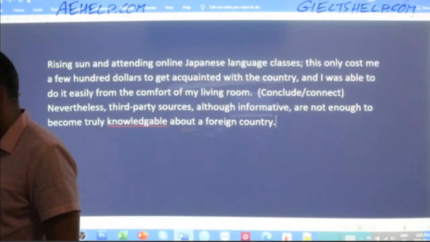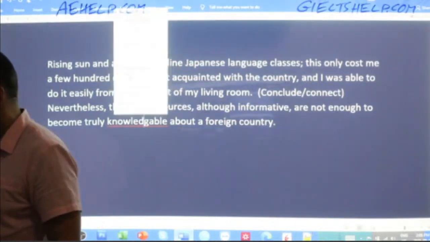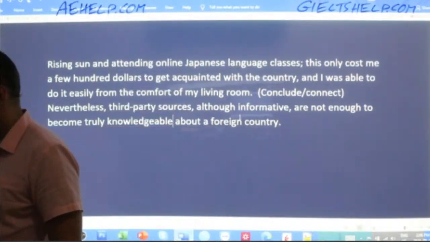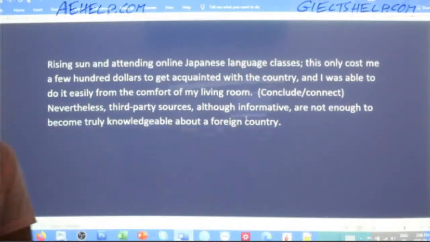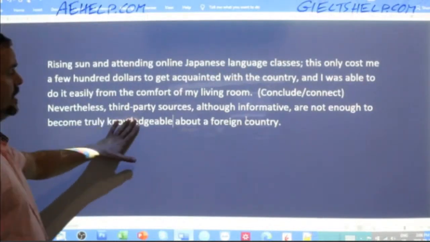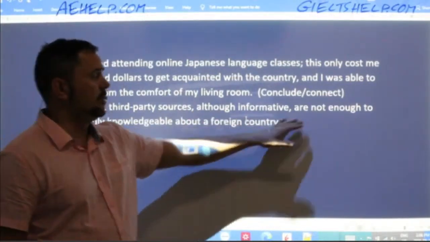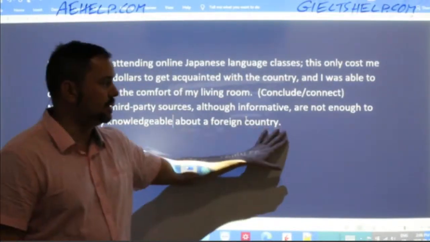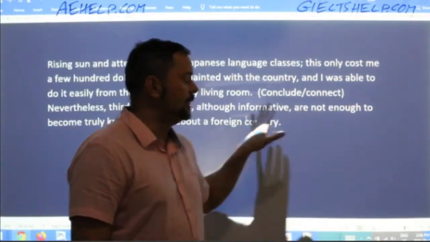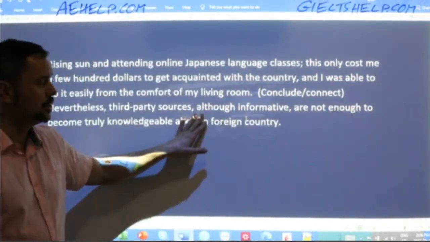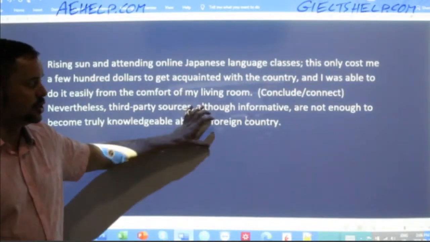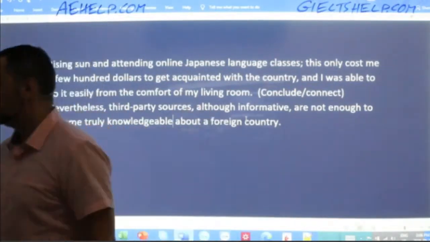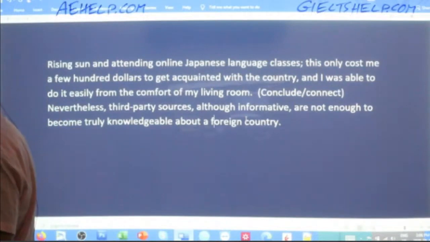Okay, so here my concluding connecting sentence is, nevertheless, third-party sources, although informative, are not enough to become truly knowledgeable about a foreign country. Okay, so here's my connection, conclusion, and my switch to the counter argument, or my lead-in to the counter argument. Okay, if some of you want, you can try that.